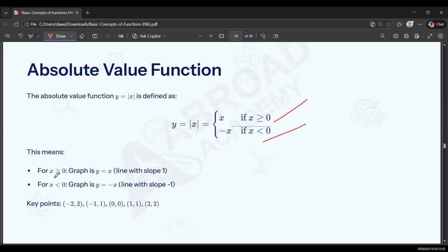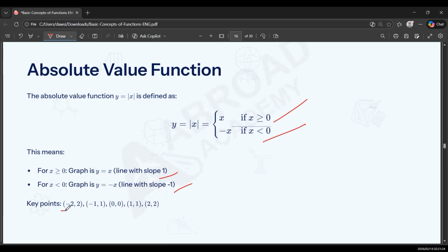For x greater than or equal to 0, the graph is the line y equals x with slope 1. For x less than 0, the graph is the line y equals minus x with slope minus 1.